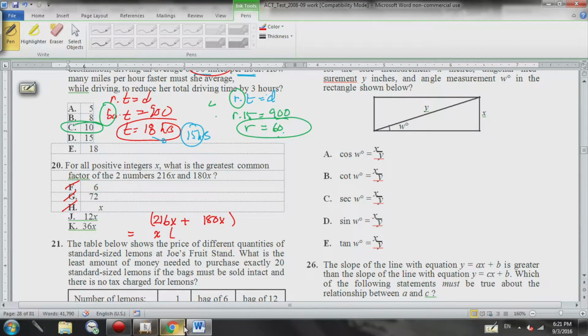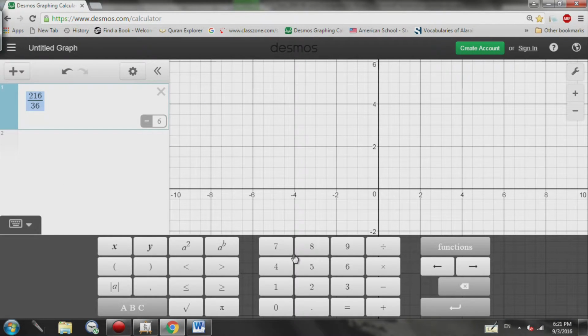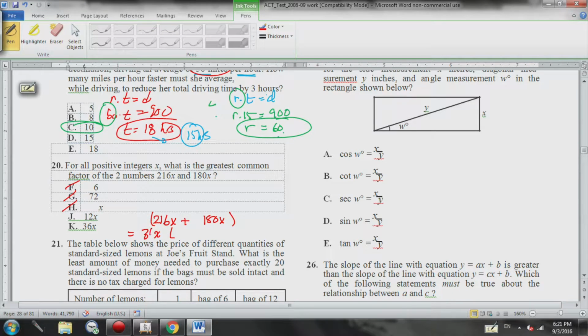How about 180? I know it does, but let's just do 180 divided by 36. Oh yeah, they both work. So you can factor out 36 and x from both of them. That's the answer.